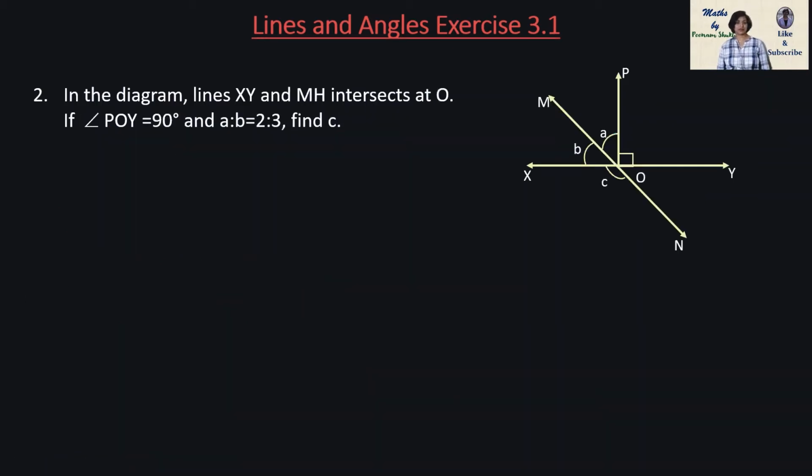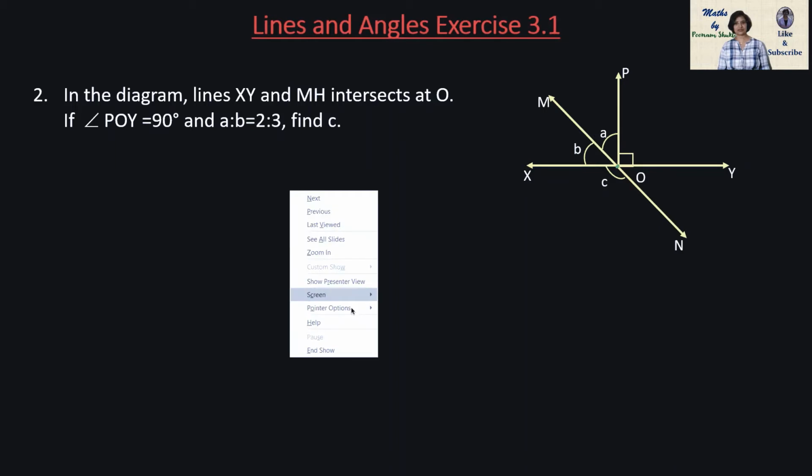Now example problem 2 of exercise 3.1. In this diagram, line XY and line MH intersect at point O. This is point O. Okay, I'm changing the ink.